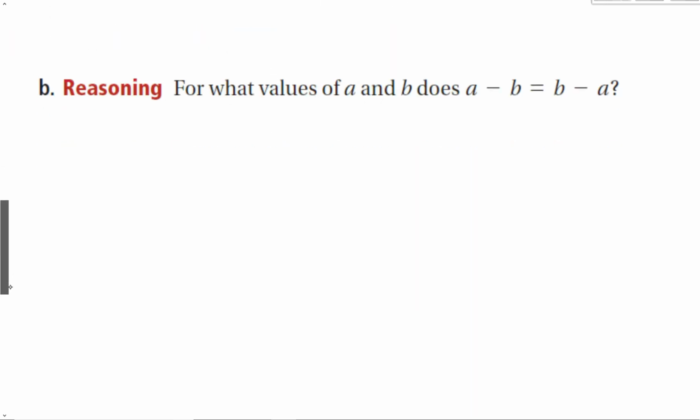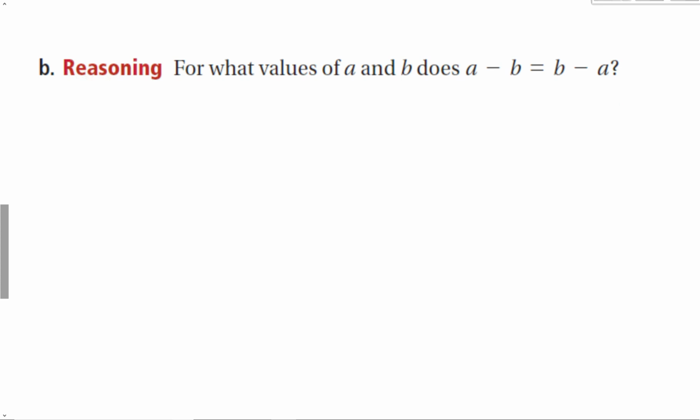This one is interesting. For what values of a and b does a minus b equal b minus a? Well, we know that the commutative property of addition is true, that a plus b is equal to b plus a. So you would think that because addition and subtraction are so closely related, this would be true.